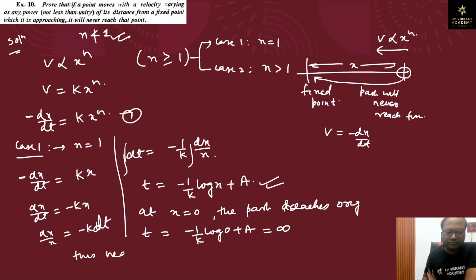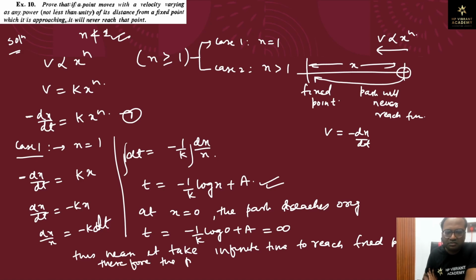This means it takes infinite time to reach the fixed point. Therefore the particle will never reach the fixed point, because t is coming as infinity. How can it approach the fixed point?